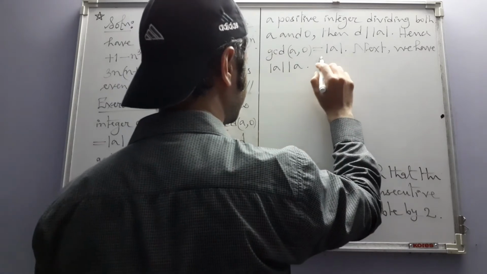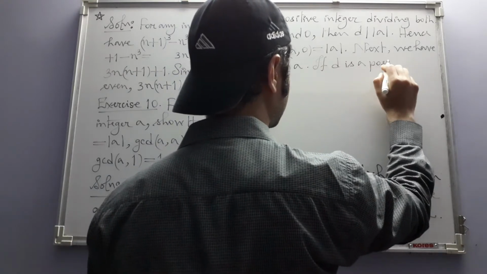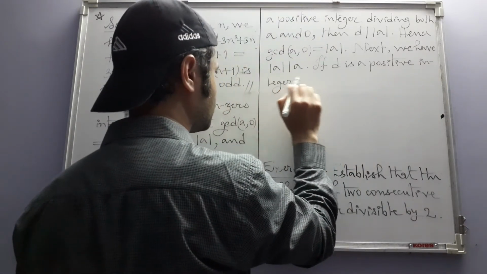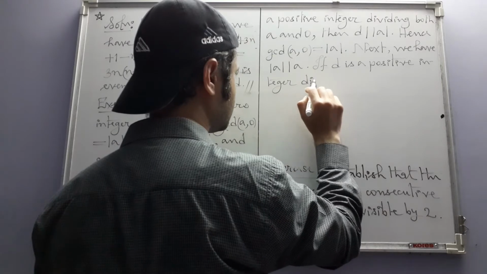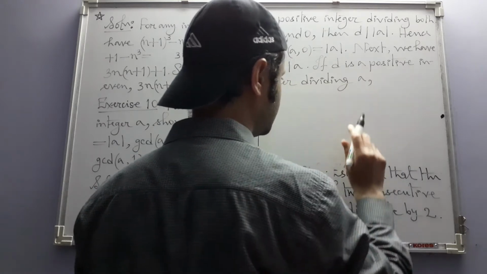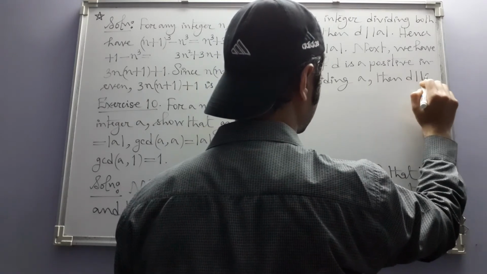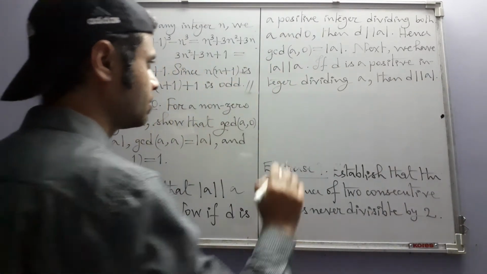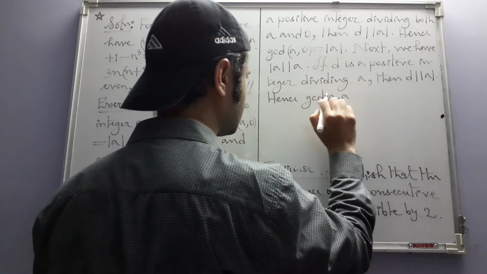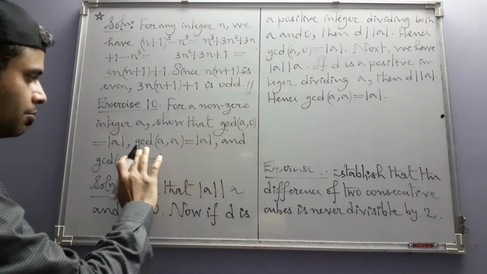Next we have this. Now if D is a positive integer dividing A, that means dividing A and A, then of course D divides the absolute value of A. Hence, these two are almost the same.